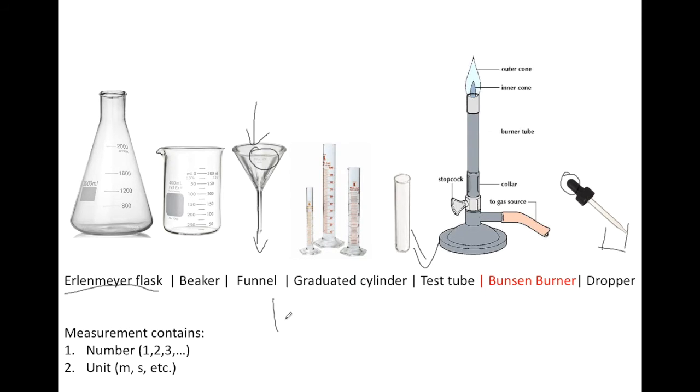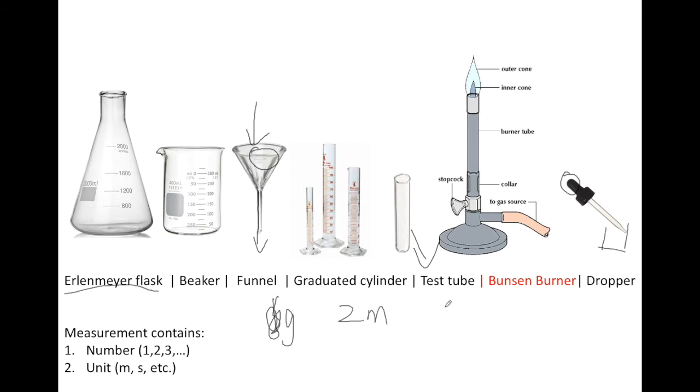If this is for mass, I would write 1 gram. The gram can't stand alone by itself either, because how many grams? This isn't a complete measurement. A complete measurement has to contain a number and a unit, 2 meters, etc.